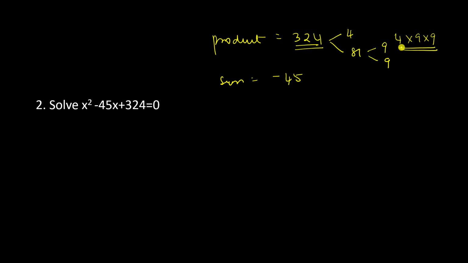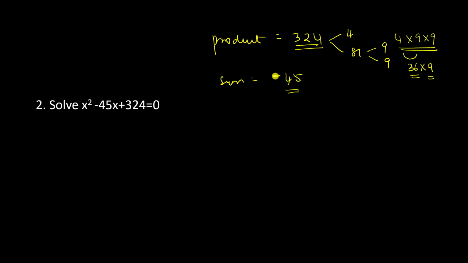If I was able to find a pair of factors within this whose sum matched 45, then we would know which two numbers to split the middle term to. 4 times 9 times 9. Here, I could say that 324 is the same as 36 times 9. And if you observe, 36 plus 9 is the same as 45.